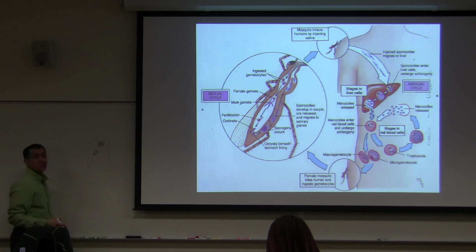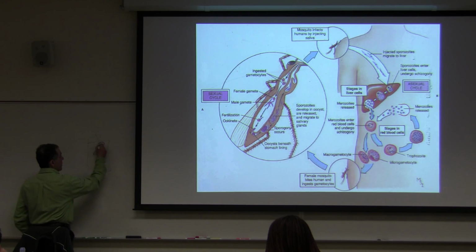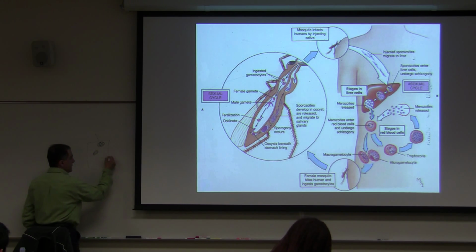That process is called schizogony. It's not called mitosis, right? Because mitosis is followed by cytokinesis. So let's call it schizogony. Schizo means split, like schizophrenia, you remember that? Splitting. So here is the nucleus of the original organism multiplying. Then they break out and go invade another cell.